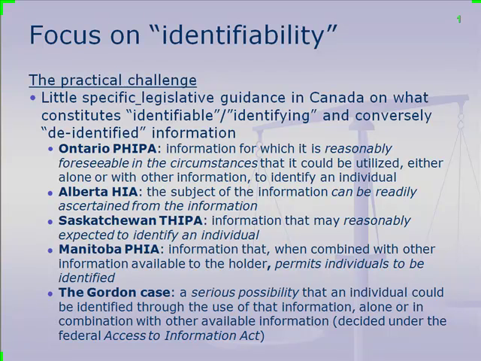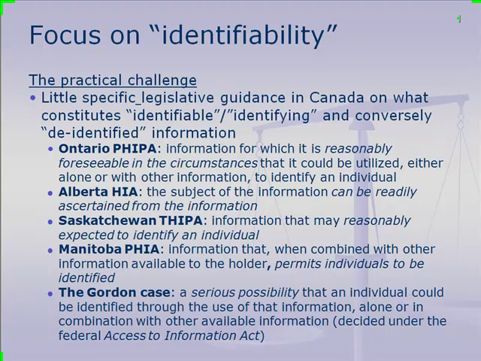If we look at Ontario PHIPA, as Deborah's indicated, they say information for which it is reasonably foreseeable in the circumstances that it could be utilized either alone or with other information to identify an individual. Well, I'm not exactly sure what that means, but one thing I know it does mean is that you look at circumstances. So it's contextual. So I think that gives you a little bit of help.